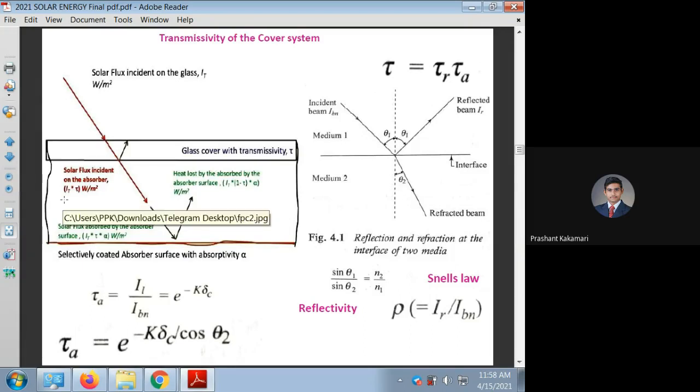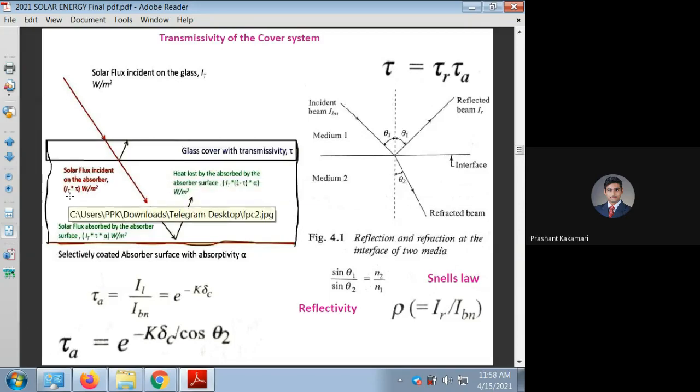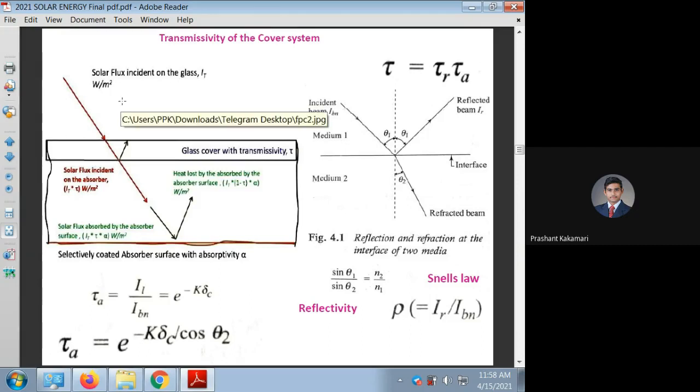So if you multiply IT into transmissivity, I get the solar flux per unit area, that is the solar incident radiation without absorption. How much is transmitted, I can find by multiplying that transmissivity factor with the total radiation. After absorption, the glass cover will heat up and some energy will be reflected.